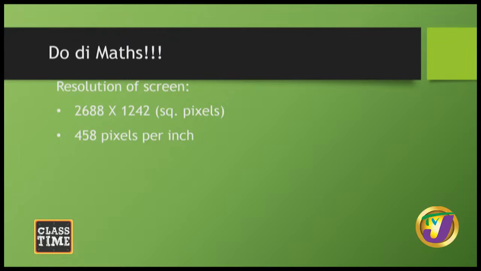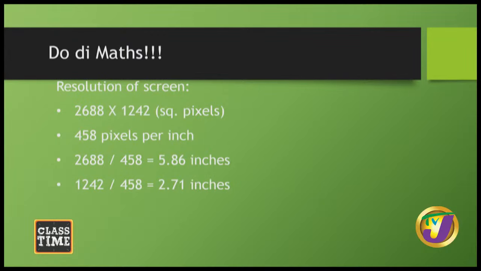Now we're going to divide by this 458, and it will give us a particular length or width that we're working with. So we divide 2688 by 458 and we get 5.86 inches. If we divide the other value, 1242 by 458, we get 2.71 inches. Now some of you might already know where I'm going with this, but run with me.